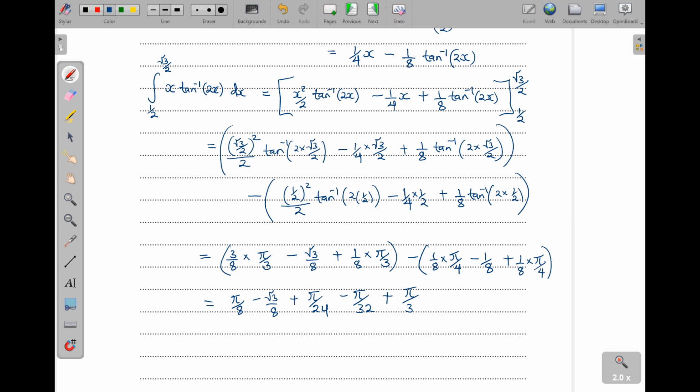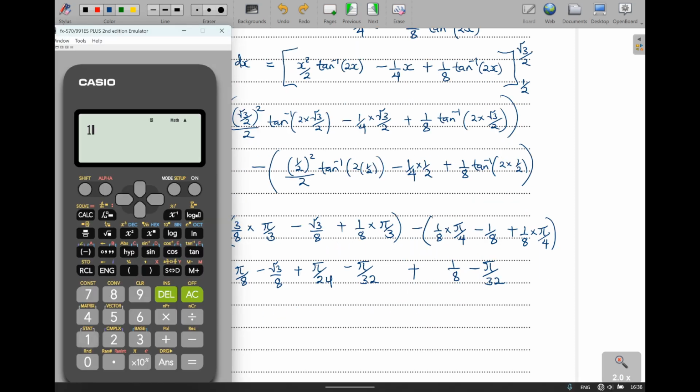So it is supposed to be like that. So we have pi here over 32. This is the one here. And then the next one, this negative is going to affect that one. So it will be a plus 1 over 8. And then a negative here, this one, it will make it a negative. So minus pi over 32.